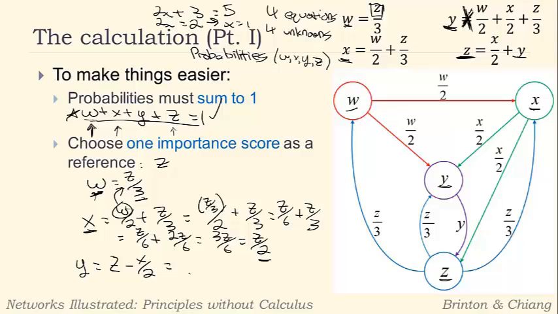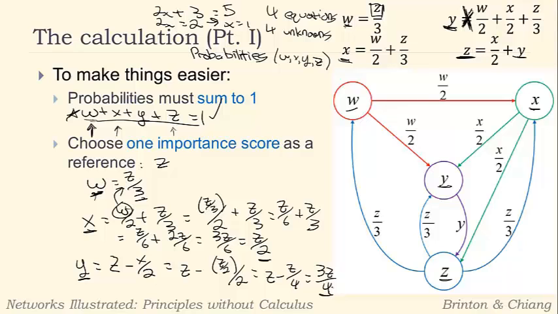And then we had x as before is z over 2. So this is z minus z over 2 over 2, which is z minus z over 4, which is just 3z over 4, 3/4 z. So now we have that y is equal to 3z over 4.